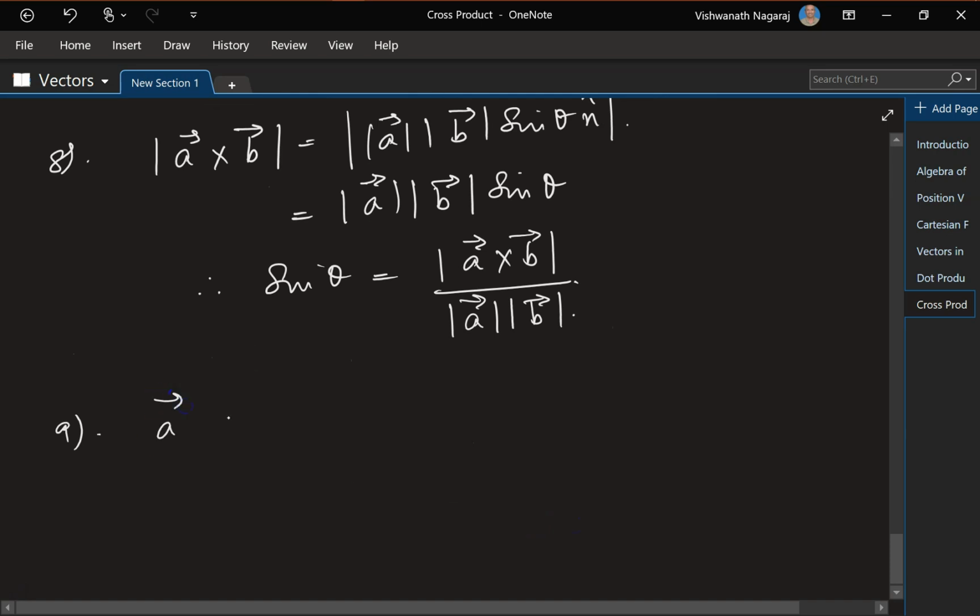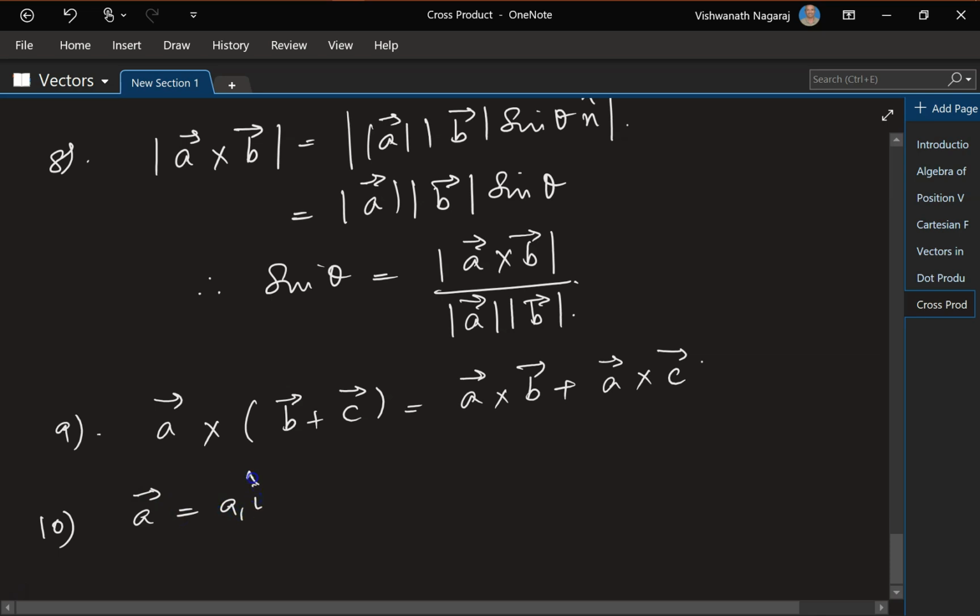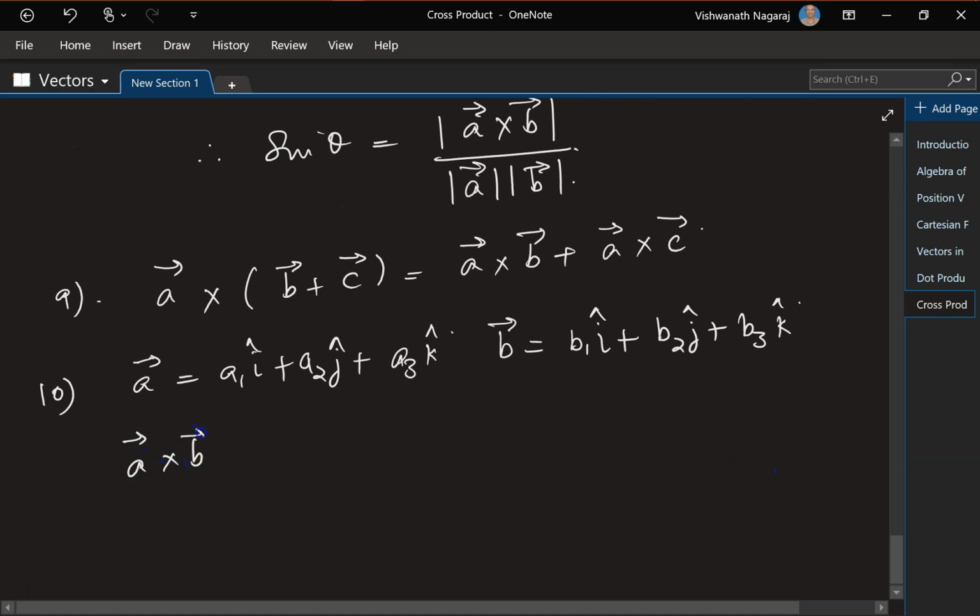Now vector A cross vector B plus vector C is equal to, it is distributive in nature, so A cross B plus A cross C. Let's say vector A is A1 I plus A2 J plus A3 K, and vector B is equal to B1 I plus B2 J plus B3 K. So A cross B would be distributed.